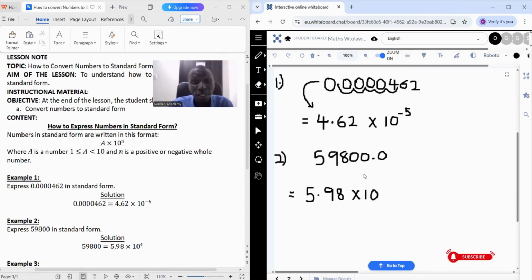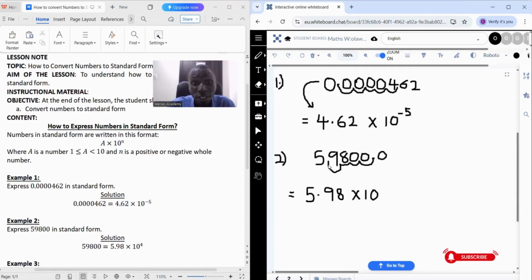What we want to do here to get the power is to know the number of places we move the decimal point to have 5.98. Here we have 1, 2, 3, 4. But is it going to be positive 4 or negative 4?